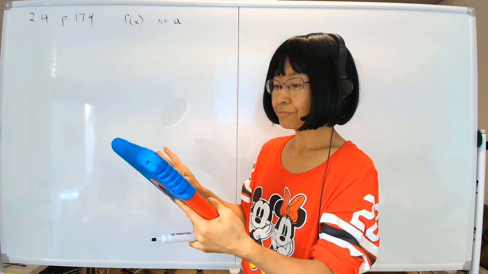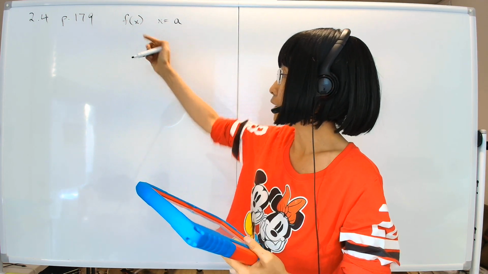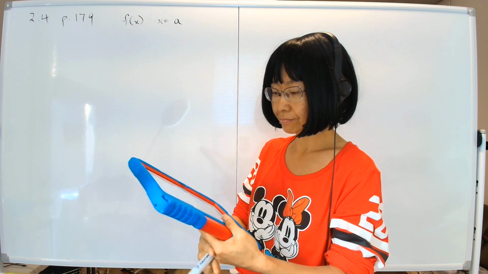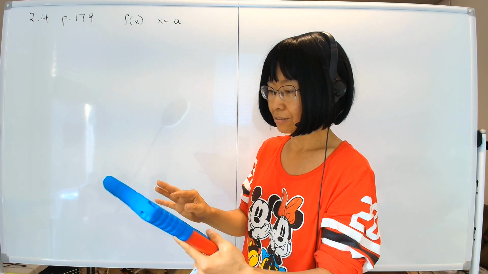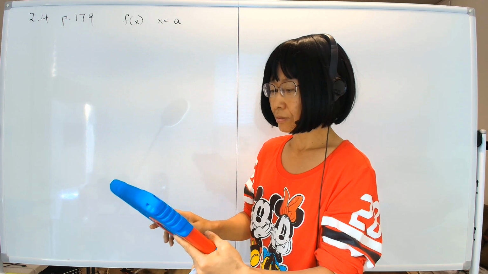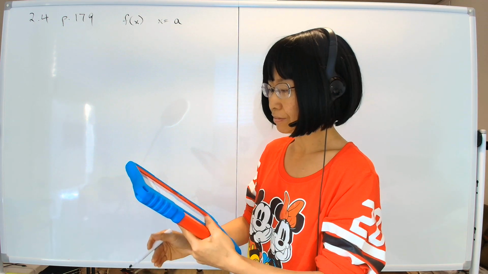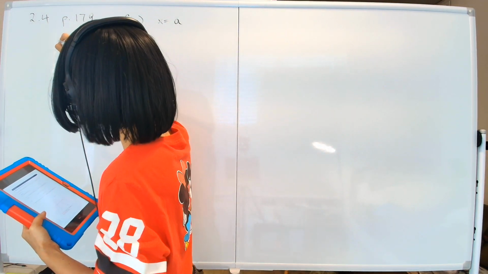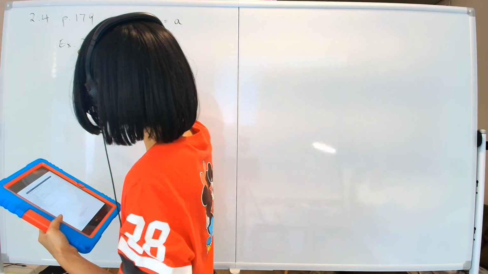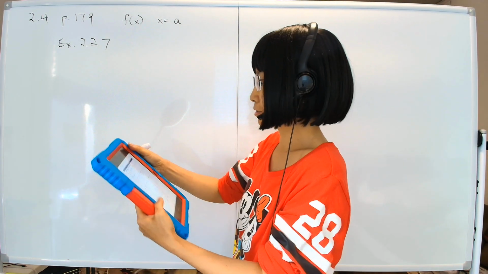Number two, the limit as x approaches a of f has to exist. Now let's look at an example when the limit doesn't exist. If you have a broken function, look at example 2.27, where you have a graph that looks something like this.